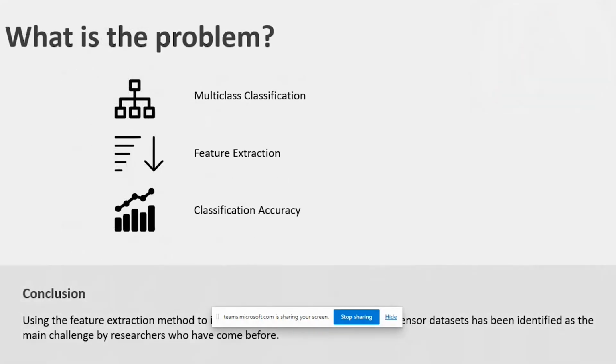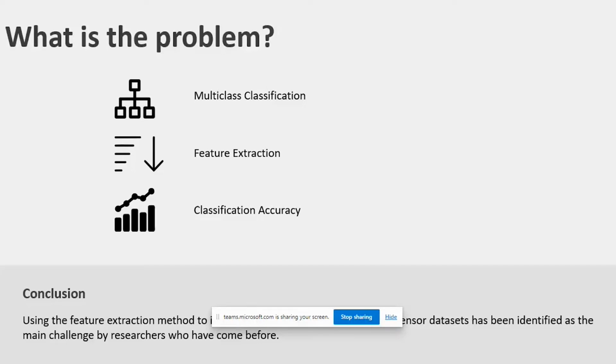So let's come to the point. What is basically the problem in this work? The problem is multi-class classification, feature extraction, and performing the best classification algorithm to enhance the classification accuracy. As I discussed before, this data set is available publicly, and it is a multi-class data set.